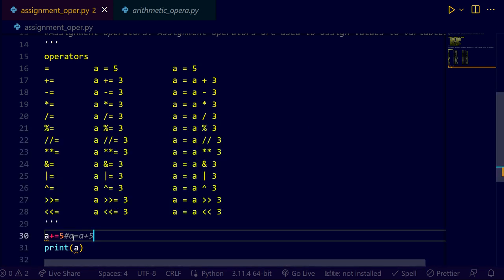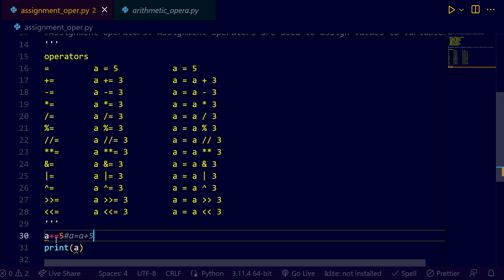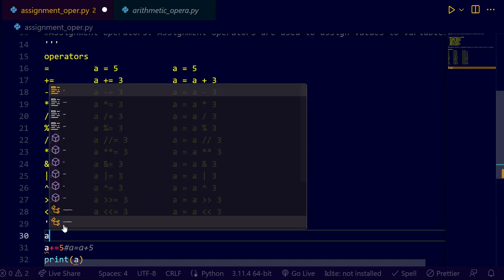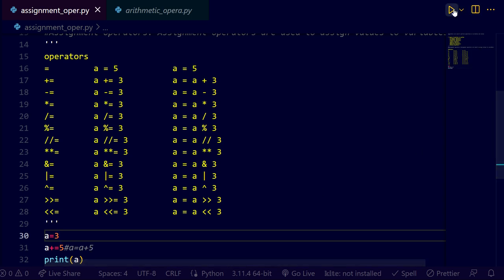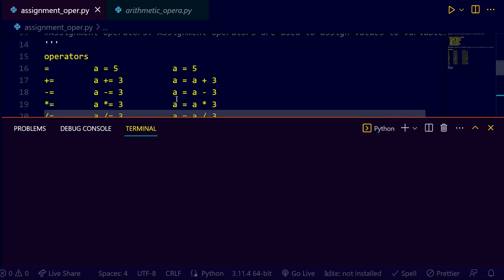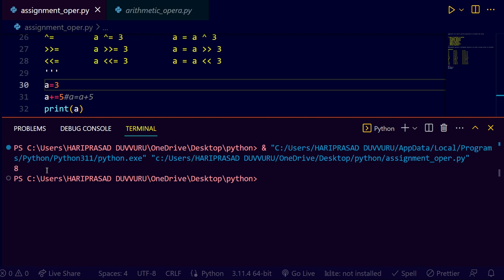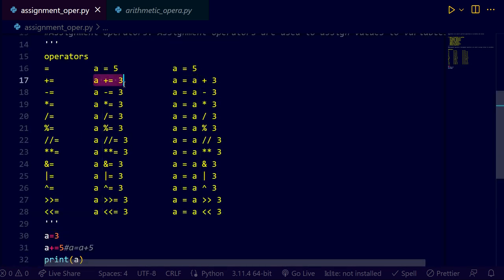Now we declare a equals to 3. Now you will get 3 plus 5 equals to 8. You will get 8. Likewise, you have to perform all these operations.